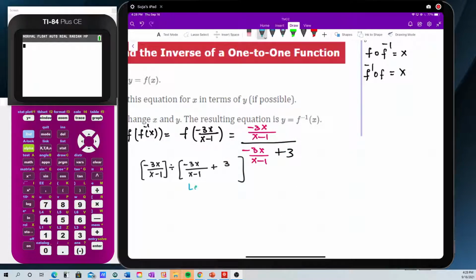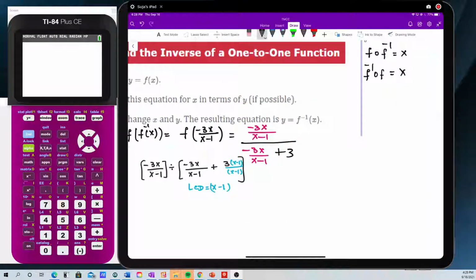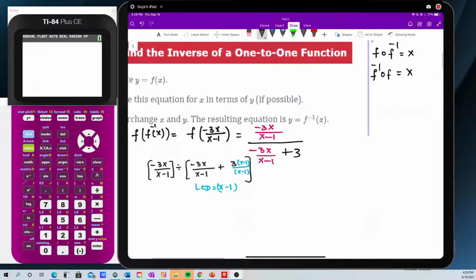So the first one is a single fraction, so not to worry too much. For the second piece, the LCD is x minus 1. This is telling me I need an x minus 1 there and an x minus 1 in the bottom. So that's going to make it negative 3x over x minus 1 divided by negative 3x plus 3 times x minus 1 over x minus 1.